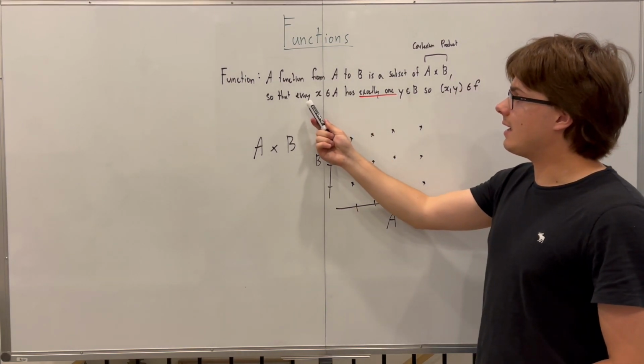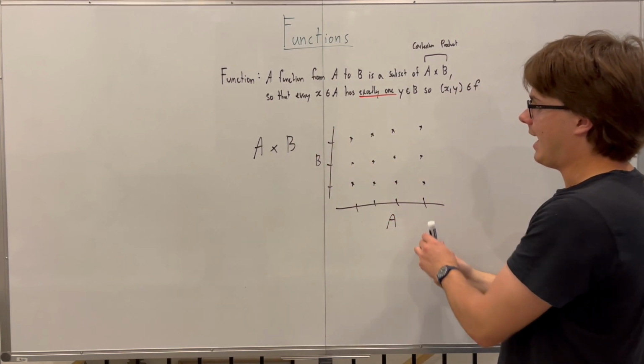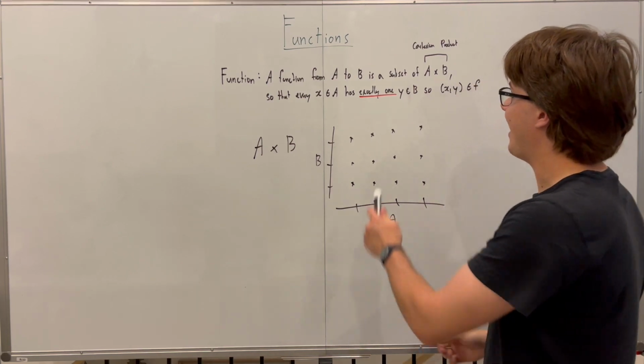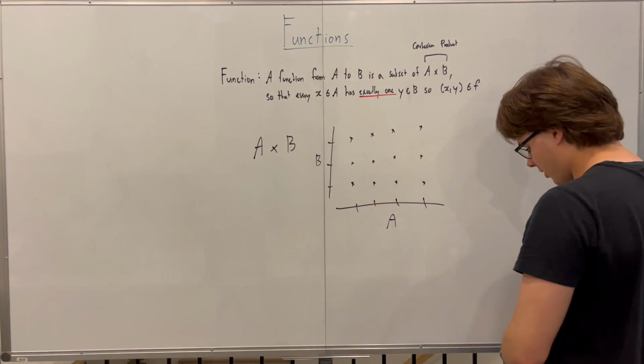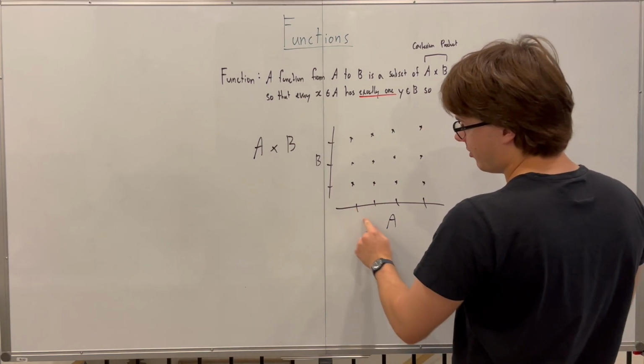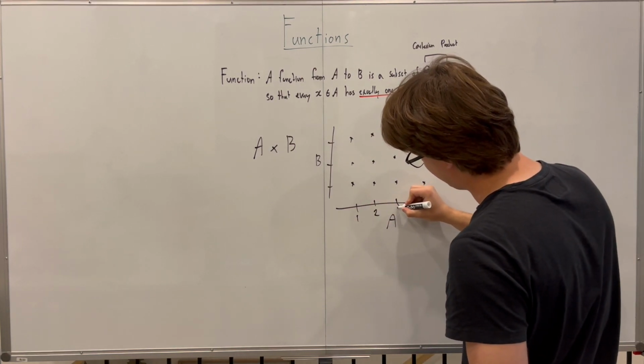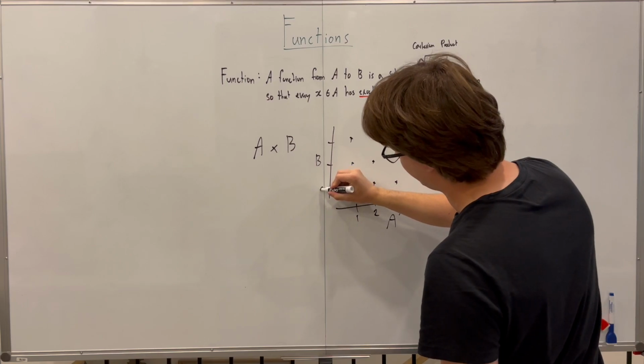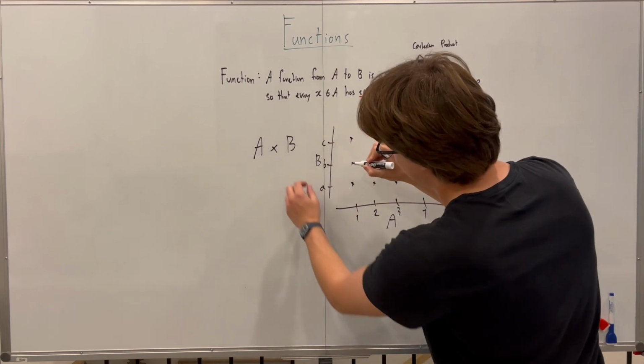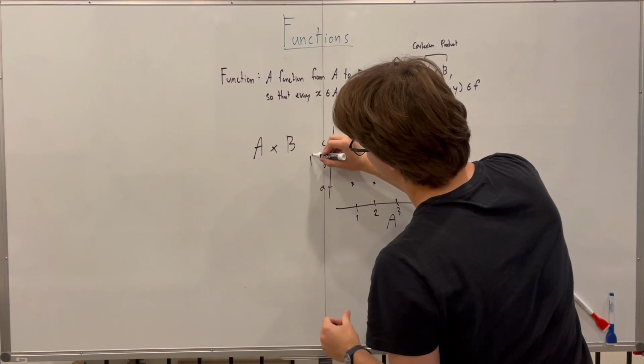So when we say every element in A has only one element in B that it can be paired with, what we're saying is this element, let's just call this the numbers 1, 2, 3, and 4, and let's call this A, B, and C. Let's just write this out a little bit nicer.